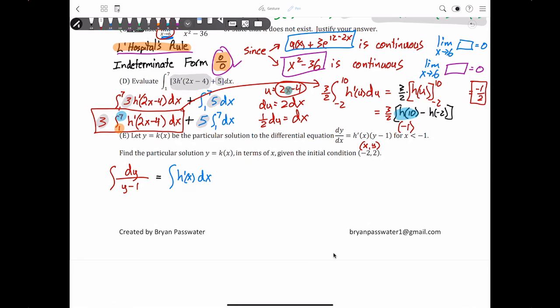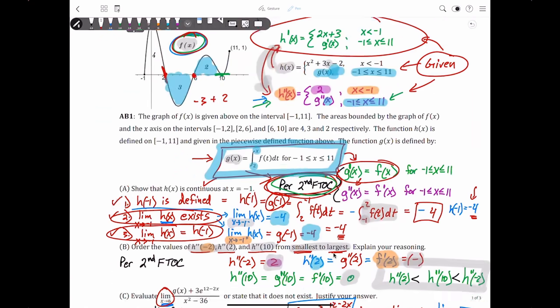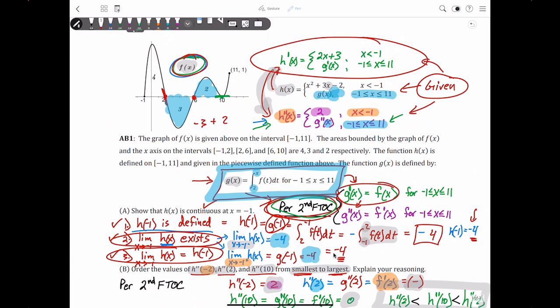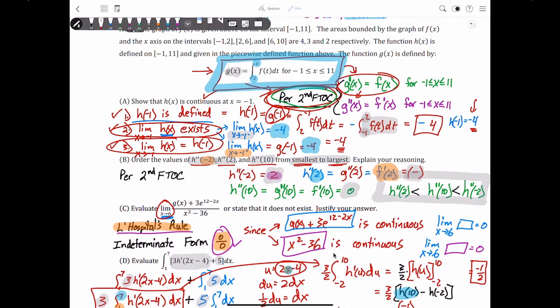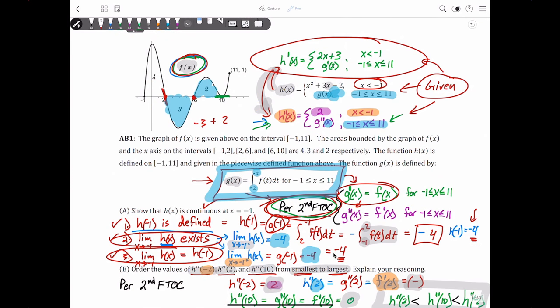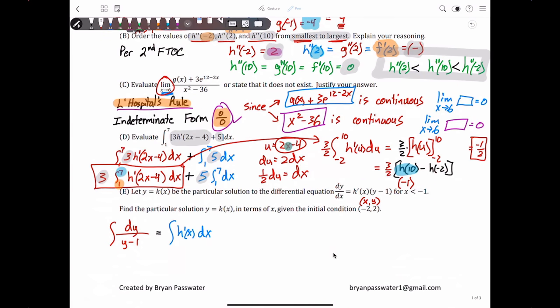So the other one is, what is h of -2? So when we come up here, we need to find out where is -2. Well, it's in this interval. And we're going to plug in this -2 so that we get -2 squared is a +4 minus 6 minus 2, so that we get a -4. Okay, so right here, let's go ahead and write this out.